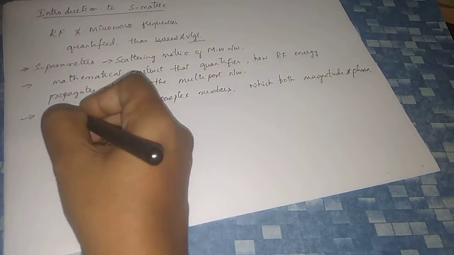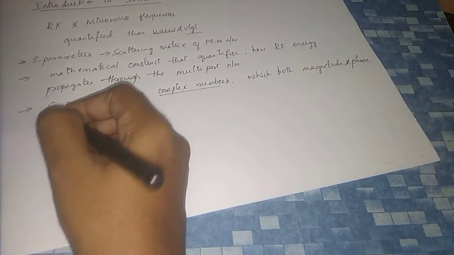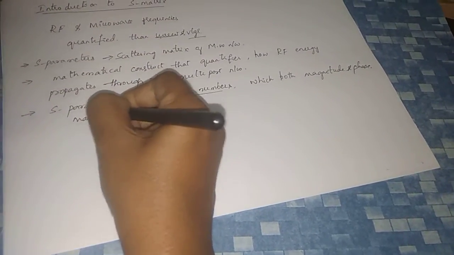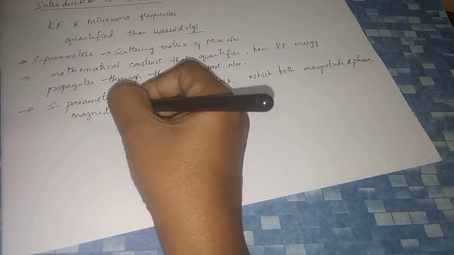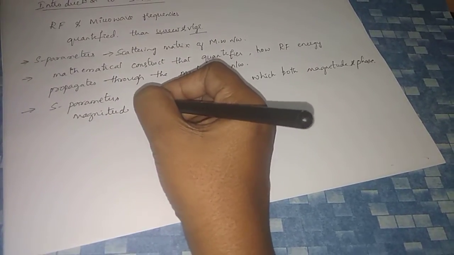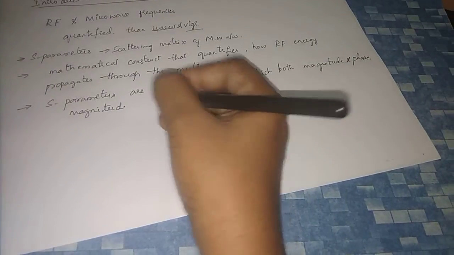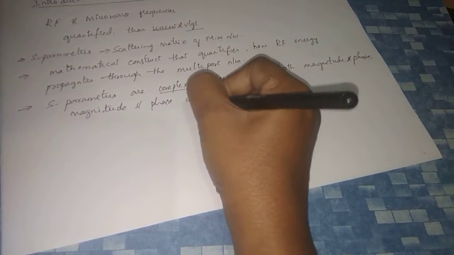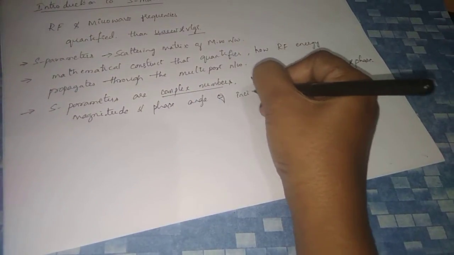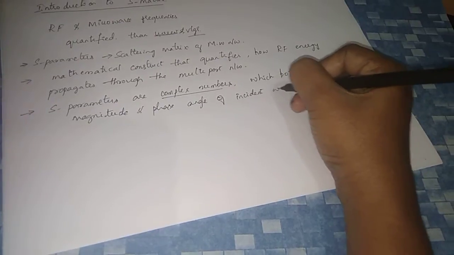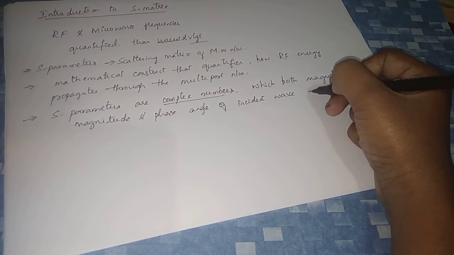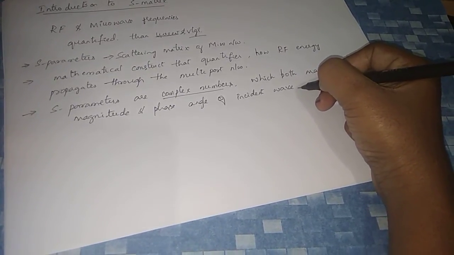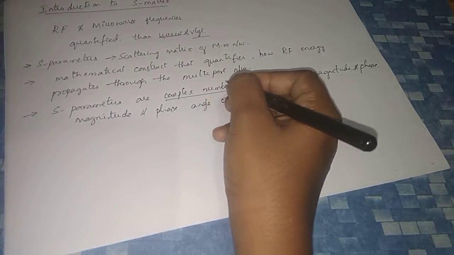Why are these taken as complex numbers? Because S parameters relate the amplitudes of the incident wave and the reflected wave. So the magnitude and phase angle of the incident wave will keep on changing. That's why we are considering S parameters as complex numbers.